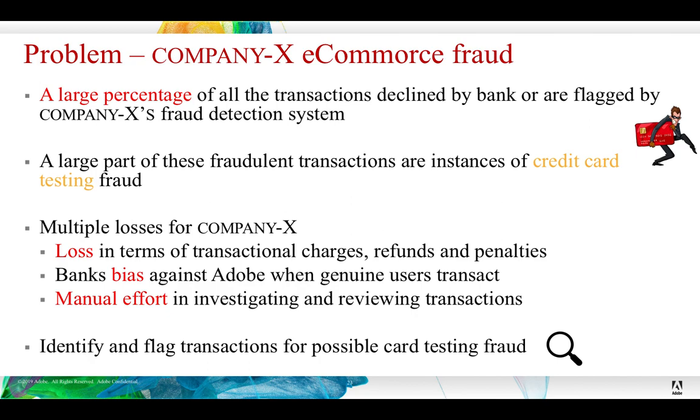It turns out via analysis that a large part of these fraudulent transactions are instances of credit card testing fraud, where fraudsters carry out small transactions to find out which stolen cards are working. These fraudulent transactions result in multiple losses for the company. So our goal was to identify and flag transactions for possible card testing fraud.